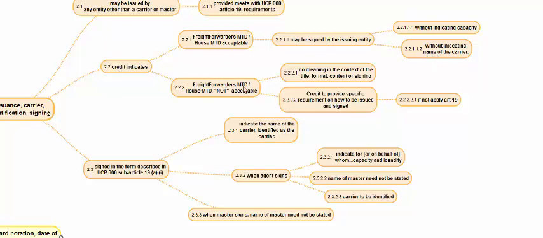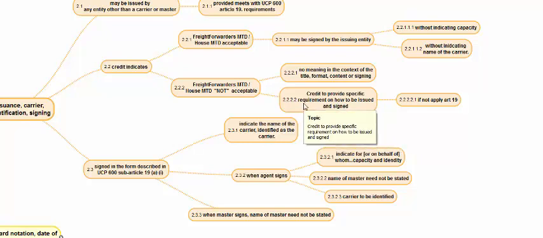If the credit indicates freight forwarders document not acceptable or a house document not acceptable, then there is no meaning for such a clause. This statement that freight forwarders multimodal transport document is not acceptable does not give us any clue about what title, format, content or signing is not acceptable. This is not explained in UCP and ISBP, and the credit has to explain what the requirement is, how it has to be issued and how it has to be signed.